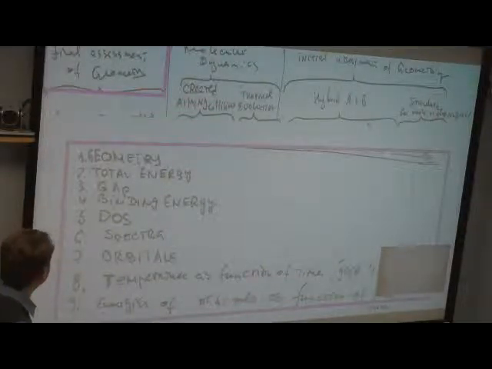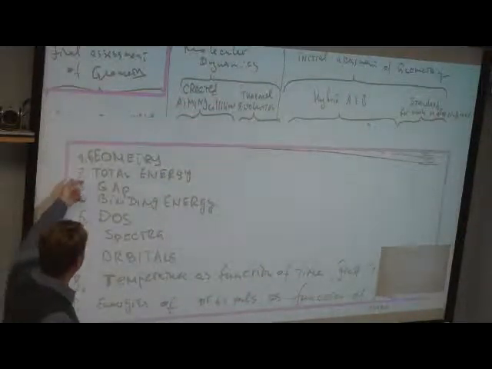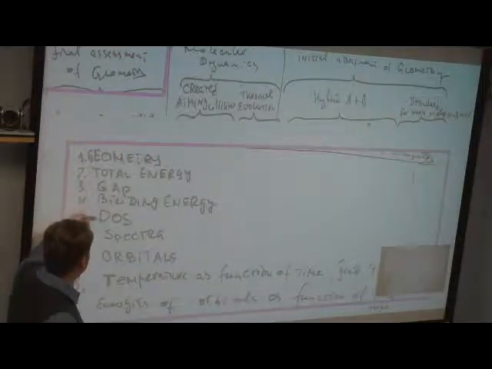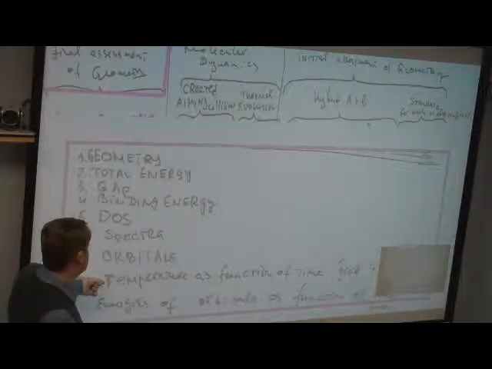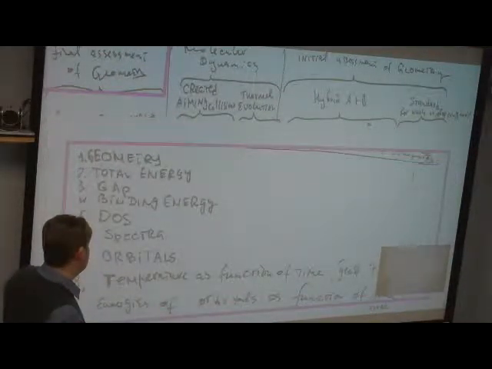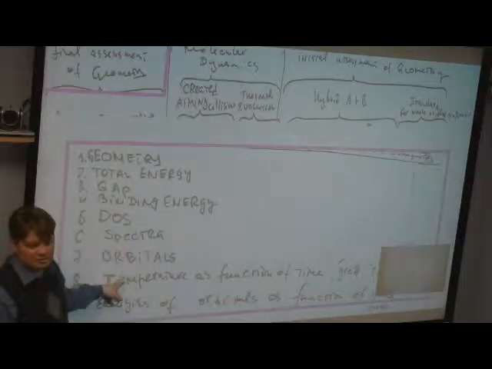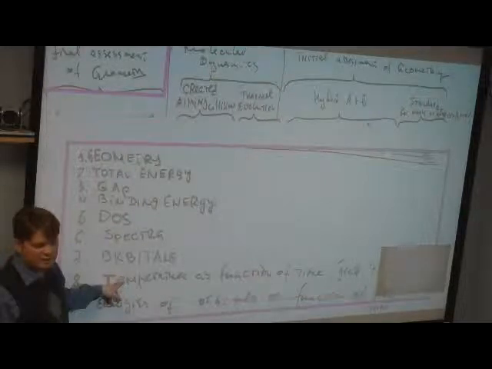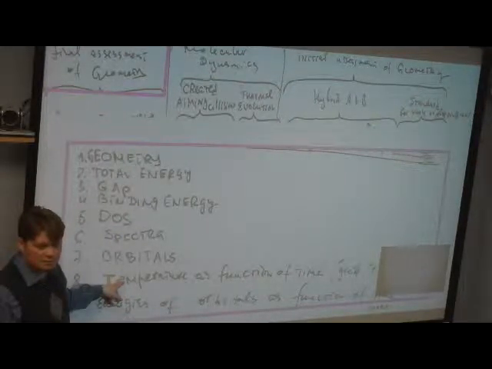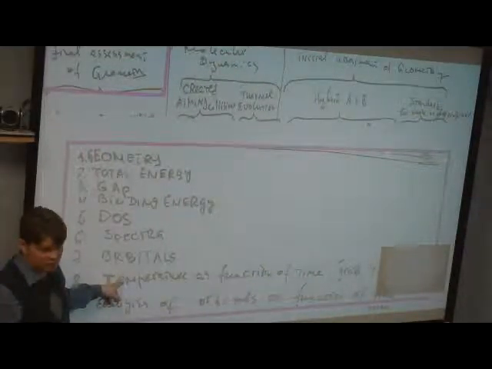So, which data may we have? Geometry, total energy, gap, binding energy, density of states, spectra, orbitals. Well, temperature as a function of time is not observable, but for some, if there is a combustion reaction, and this year we have only one combustion, right? By gauge. You all know this little trick of how to do grep T equals out of the OSZICAR to follow the temperature.